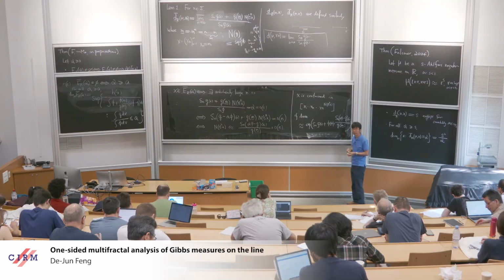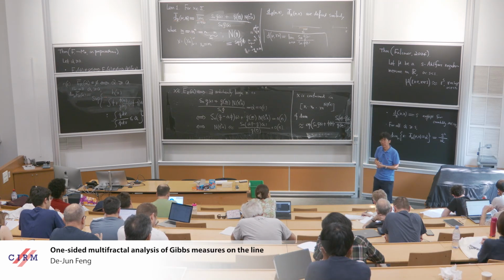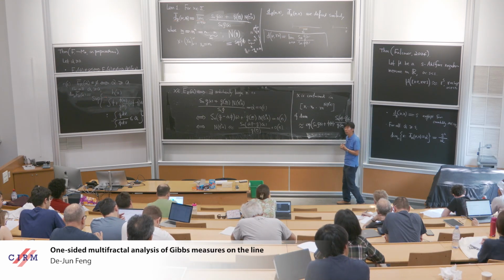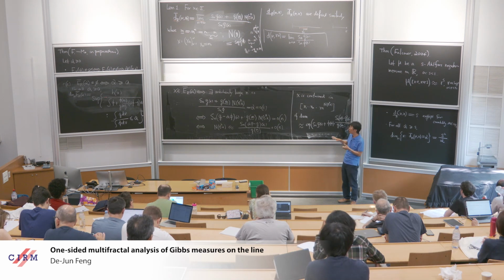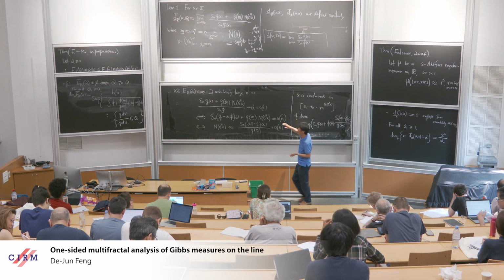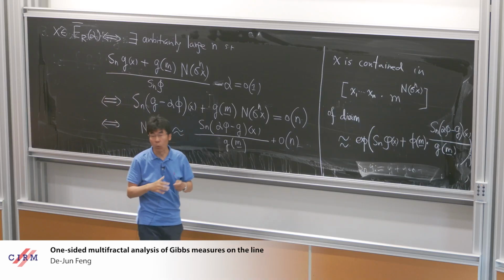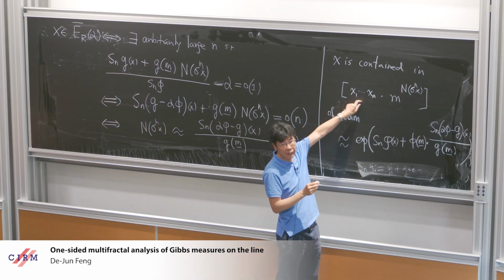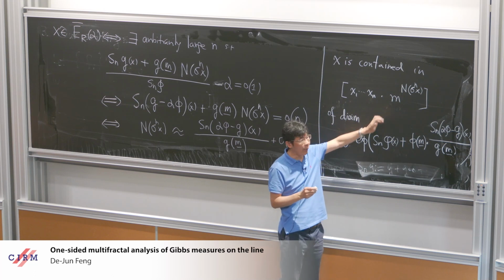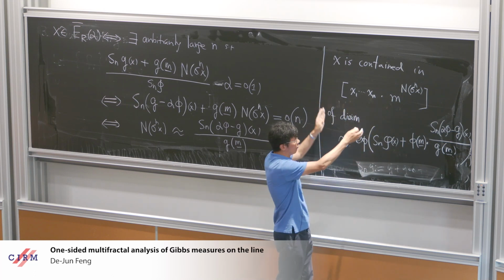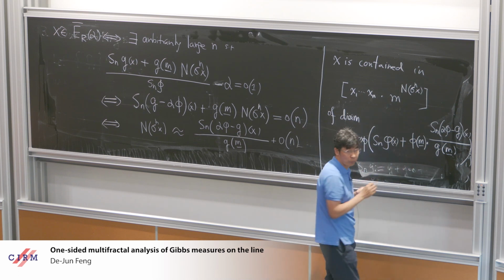Okay. So now we can cover this set E_alpha by all such possible cylinders, and the diameter of these cylinders has this form.